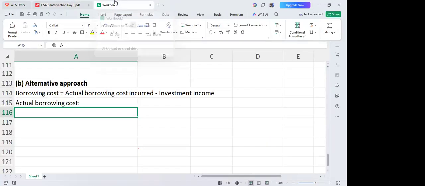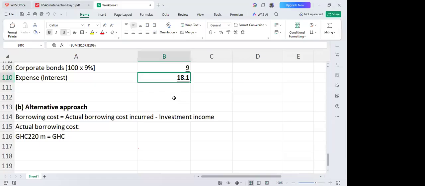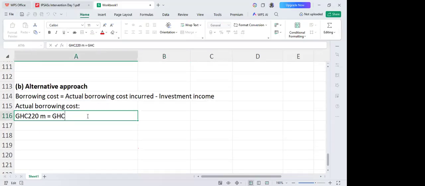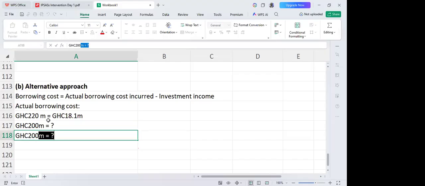The total loan value was 220 million, and we have calculated the borrowing cost for that, the 18.1 million. That's for the whole thing, but we are accounting for only 200 million. So we do ratio and proportion: 200 million divided by the totality, 220 million.